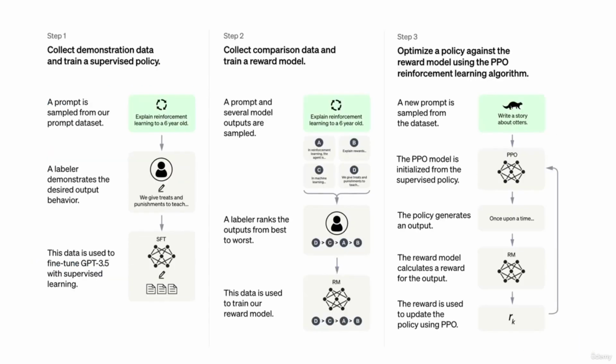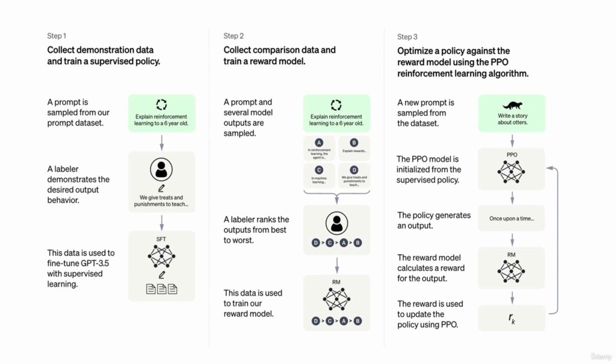The development of the ChatGPT model involved three phases. In the first phase, supervised learning was utilized, where a set of prompts was provided and a human labeler responded to each prompt. Using this dataset, the existing GPT 3.5 model was fine-tuned.